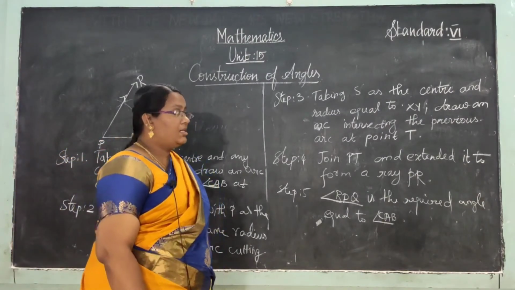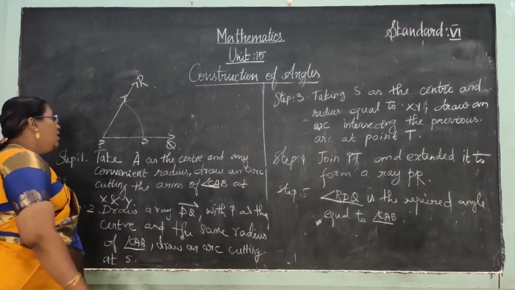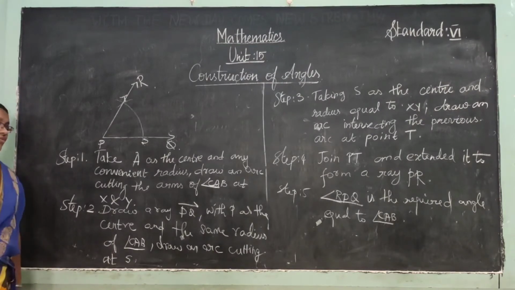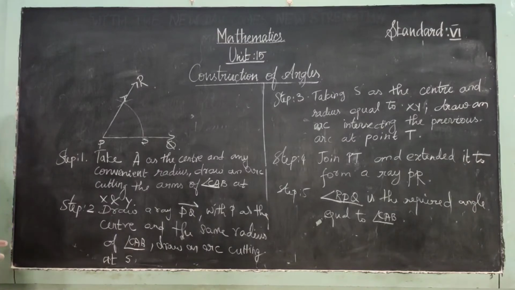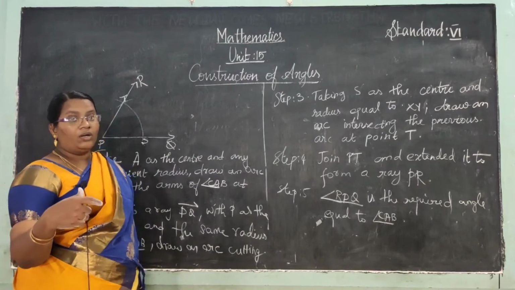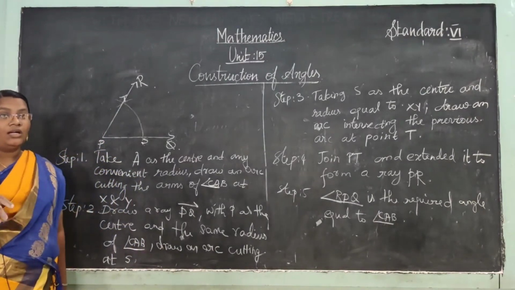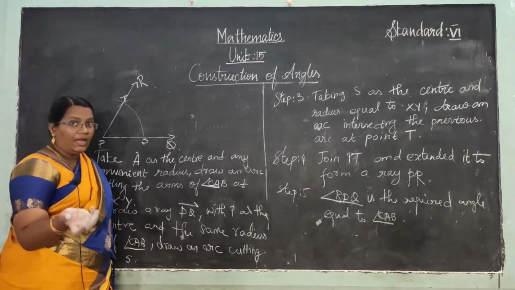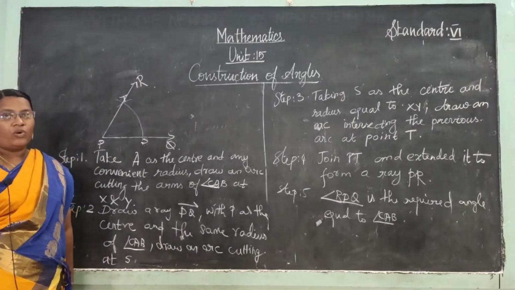Okay, that's it. So what we do: first we take A as a center and any convenient radius, draw an arc cutting the arms of CAB. First we draw a ray. After that we take any convenient radius with center A and draw an arc. The intersecting arc and ray is denoted by X. You can take any name, X, Y, like that.